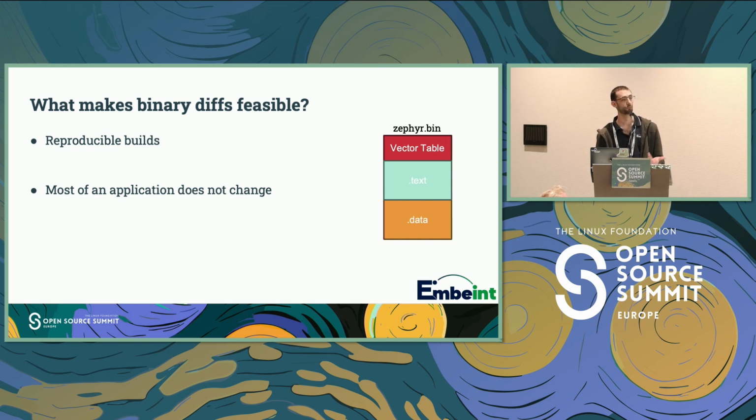So reproducible build is the first stepping point. And the other thing we're taking advantage of is that, as mentioned earlier, most of an application doesn't change. You're fixing an off by one error. You're changing an LED. You're adding some new whatever it is that your application does, but most of it is doing the same thing it always was.